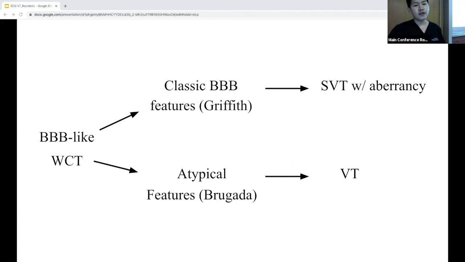In that paper, the sensitivity and specificity were maybe 80-90% and it hasn't been externally validated. Another way is to look at the bundle branch block in V1, V2, and V6, and if they have atypical features that aren't seen in the classic bundle branch block, this may point to VTAC, and we'll go over that.